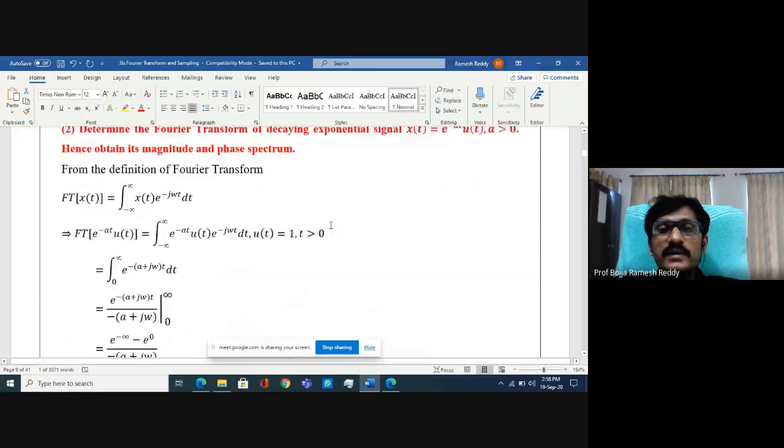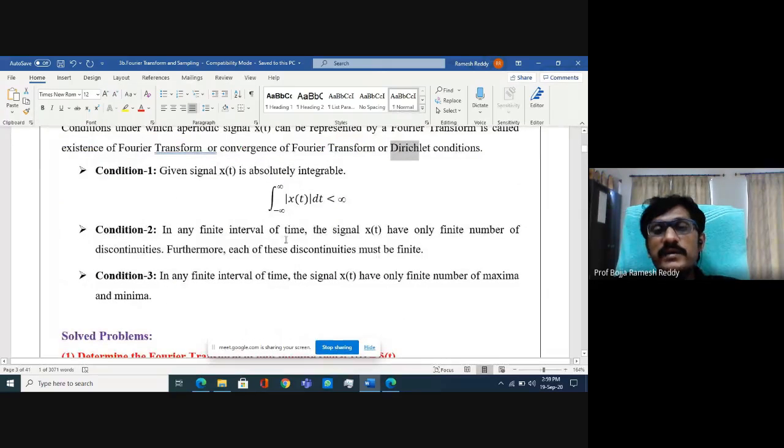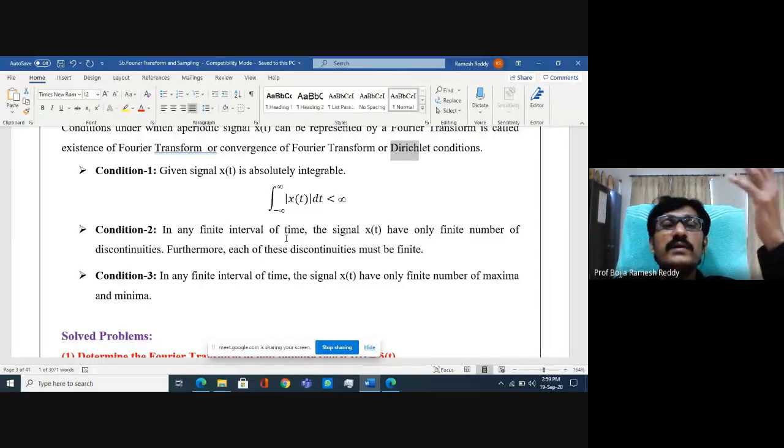Like that, the second condition or second restriction is: take some finite interval, maybe 0 to 2 pi, or minus 100 to plus 100, whatever finite interval of time, and count the number of discontinuities in the signal. If the number of discontinuities is infinite, then it is very difficult to get the Fourier transform.